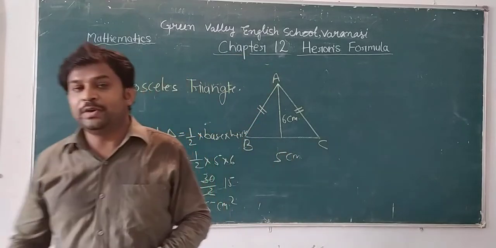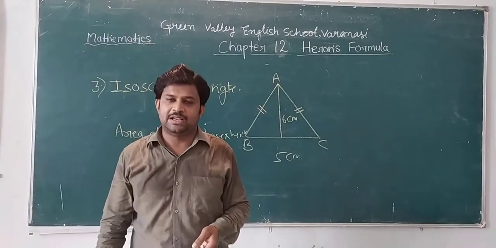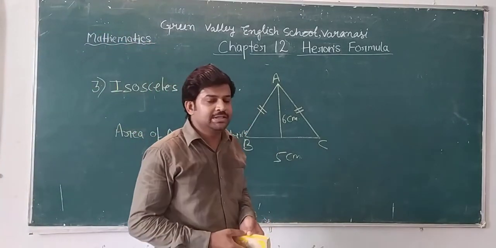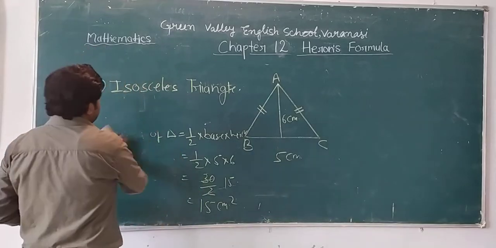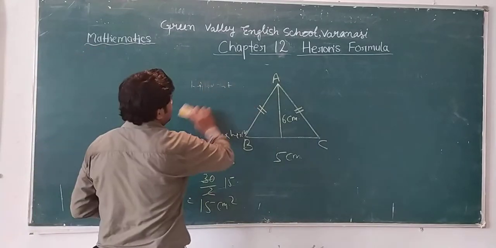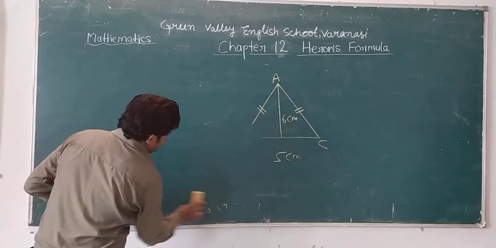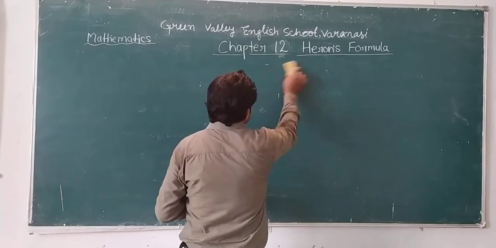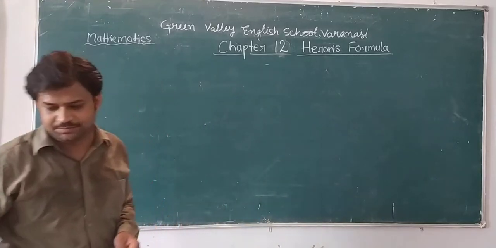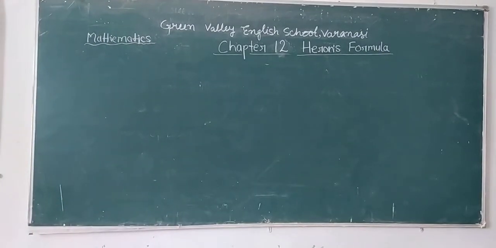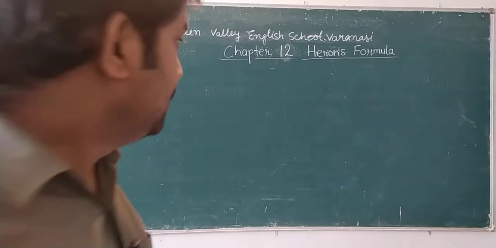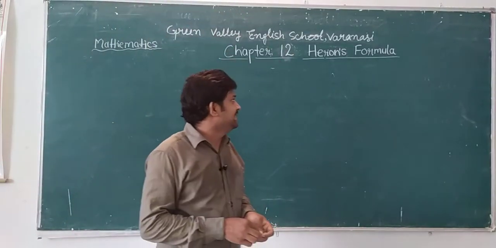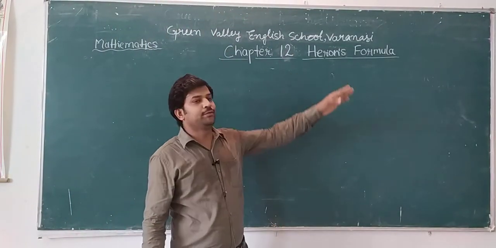And next, we discuss the scalene triangle. Scalene triangle means when all the sides of the triangle are different from each other. Therefore, Heron's formula is applicable for finding the area of a scalene triangle. Now we will discuss Heron's formula.